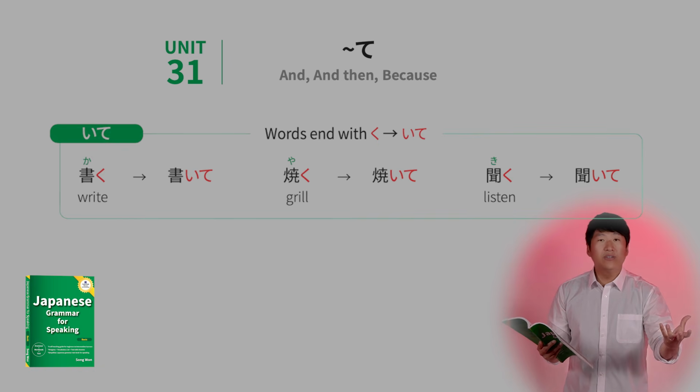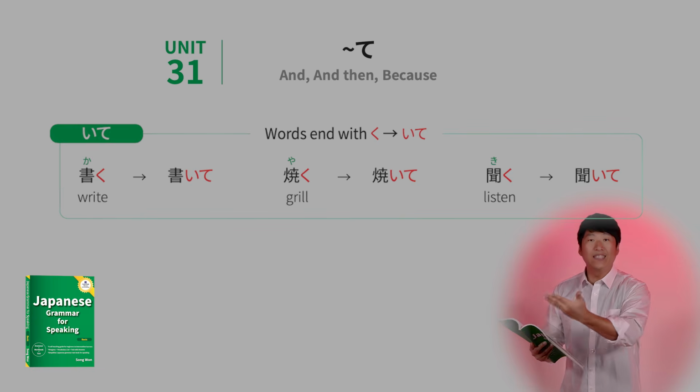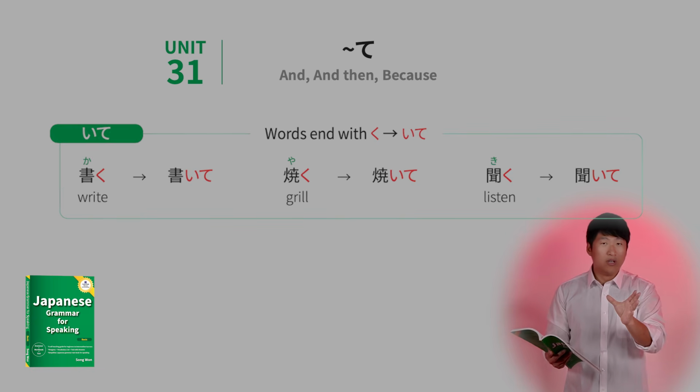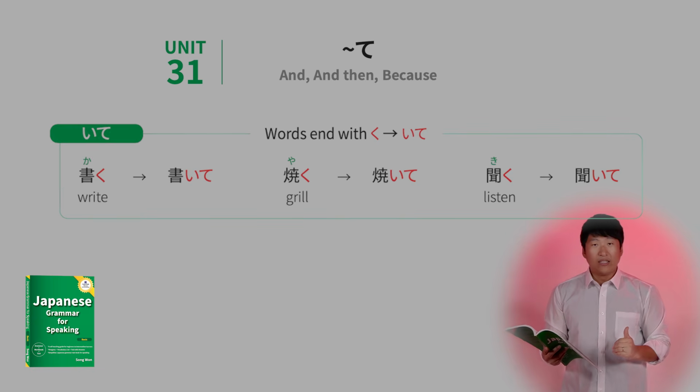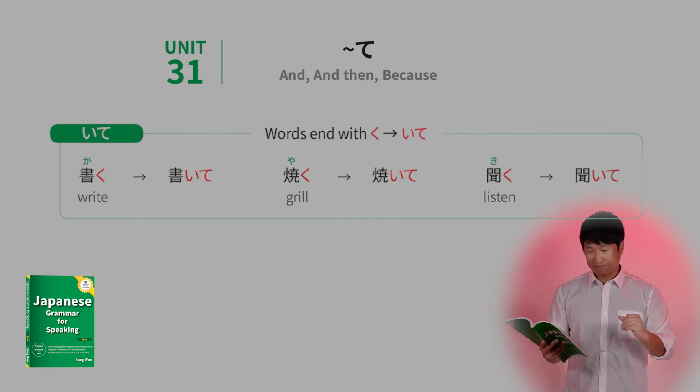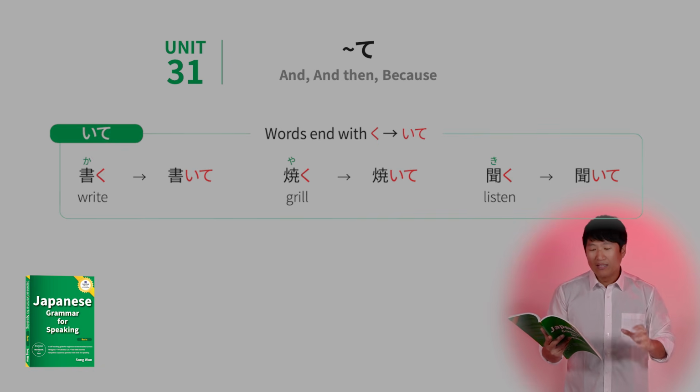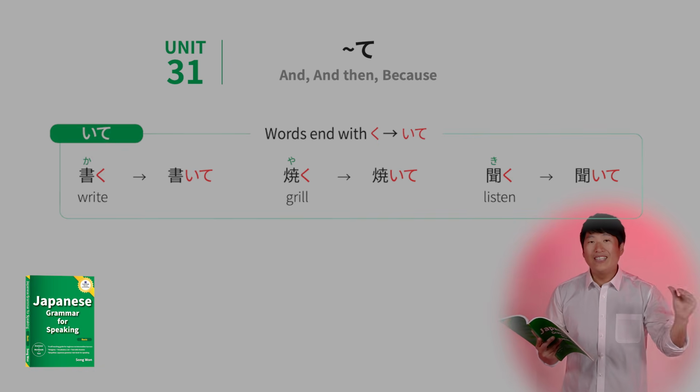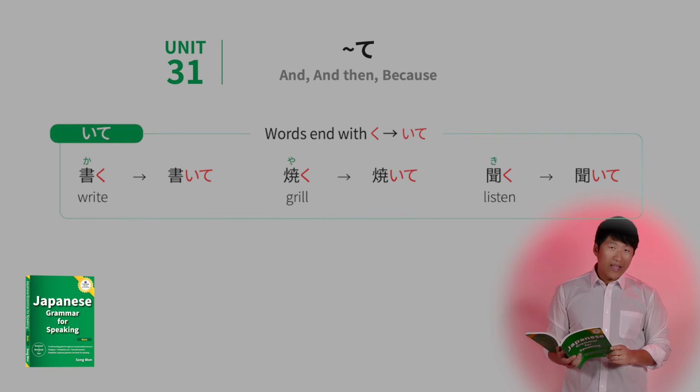And kiku, listen, kiite. So this ku word became ite, right? So memorize. Whenever you see a word that is ending with ku, then change it to ite, and you want to use that grammar.